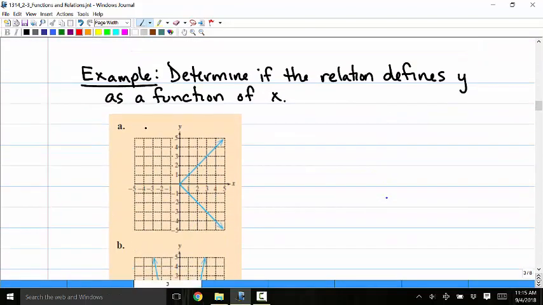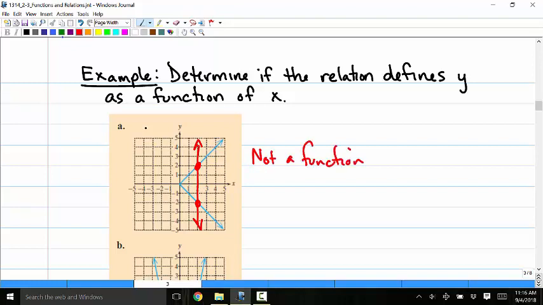So for A, does that graph represent a function? The answer is no, because if I did this vertical line, how many times would it intersect my graph? Just twice there, right? So this is not a function.